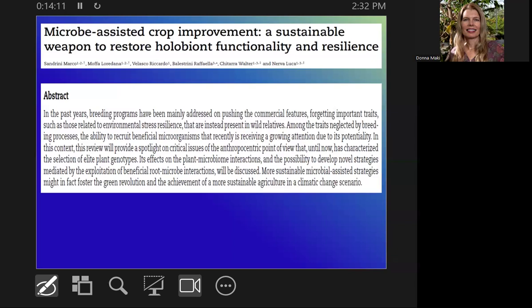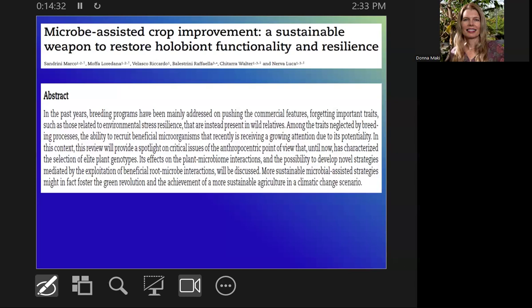And so they're saying our anthropocentric point of view has really created some issues. We had a lot of corn plants that are the same genotype, so you get loss of genetic diversity. You get really shifted plant microbe interactions through all this selective breeding.